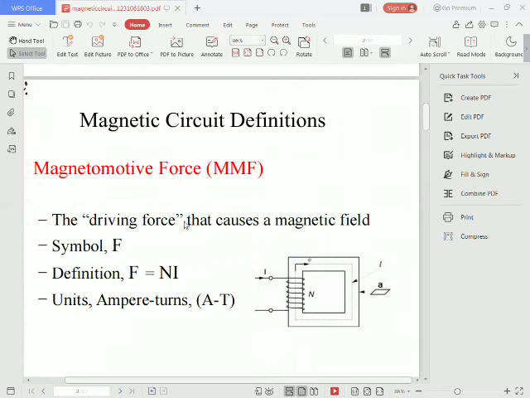MMF is defined as the force responsible for the flow of flux or generation of the flux. It is denoted by the symbol F, the driving force that causes a magnetic field. The formula of the MMF is F equals N into I. Unit is ampere turns.